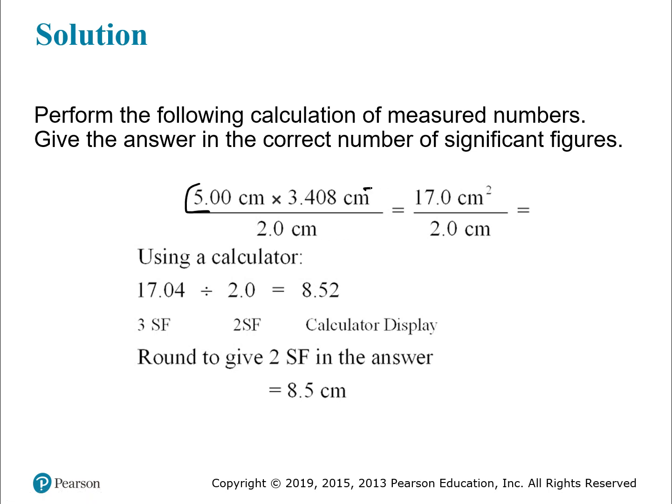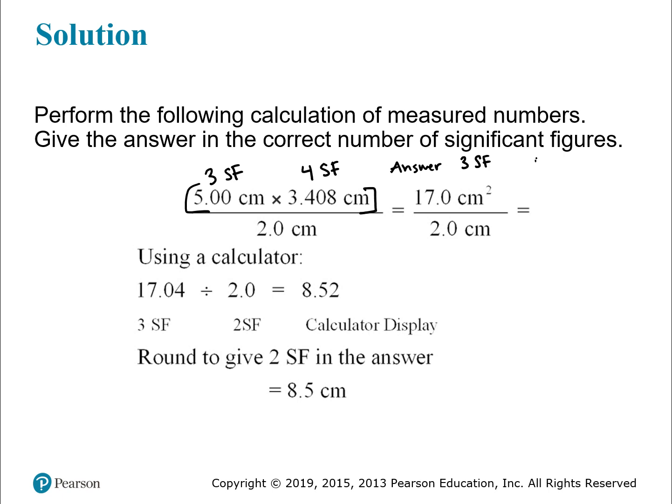Okay, this is part 1. We're taking 5 centimeters and multiplying it by 3.408 centimeters. That's 3 sig figs and 4 sig figs. So if we were just doing that alone, our answer would have 3 sig figs. But what about the units? When we're multiplying and dividing, the same thing you do to the numbers, you're also doing to the units.